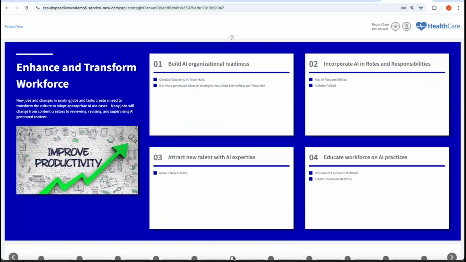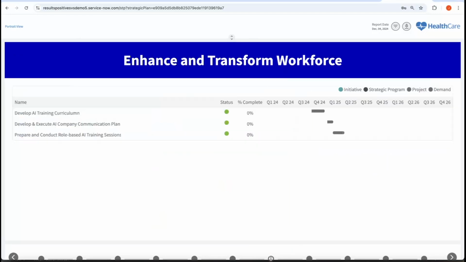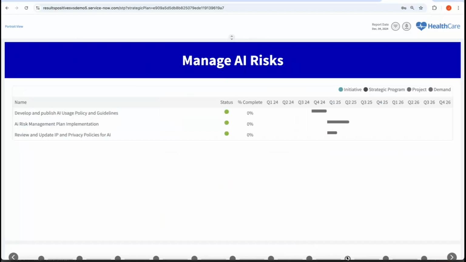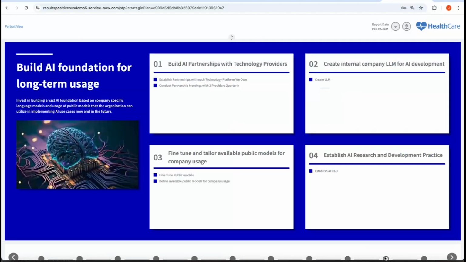Then we can come over here to the next strategic priority, look at our different goals here around AI readiness, our roles and responsibilities, really getting AI into the organization. And then you've got the overall initiatives and progress. Same thing here. How about we manage the risks associated with AI? What are our goals? What are our metrics we want to track here? How do we track the initiatives? So you can use it in that fashion.